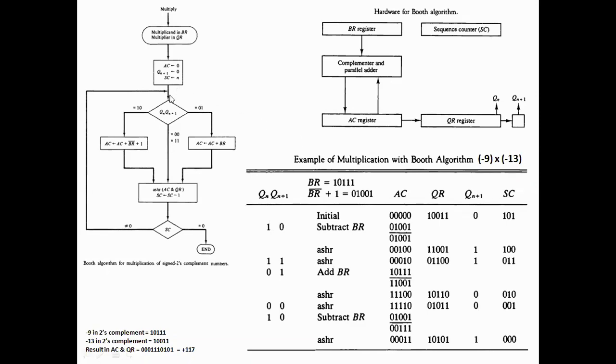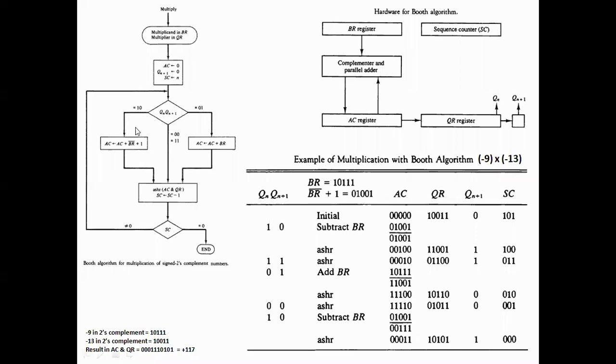Then moving further in the flowchart, check Qn and Qn plus 1. So Qn is the last bit of QR. So Qn is 1 and Qn plus 1 is 0. So the combination is 1, 0. So in the flowchart, I have to go this way then, 1, 0.